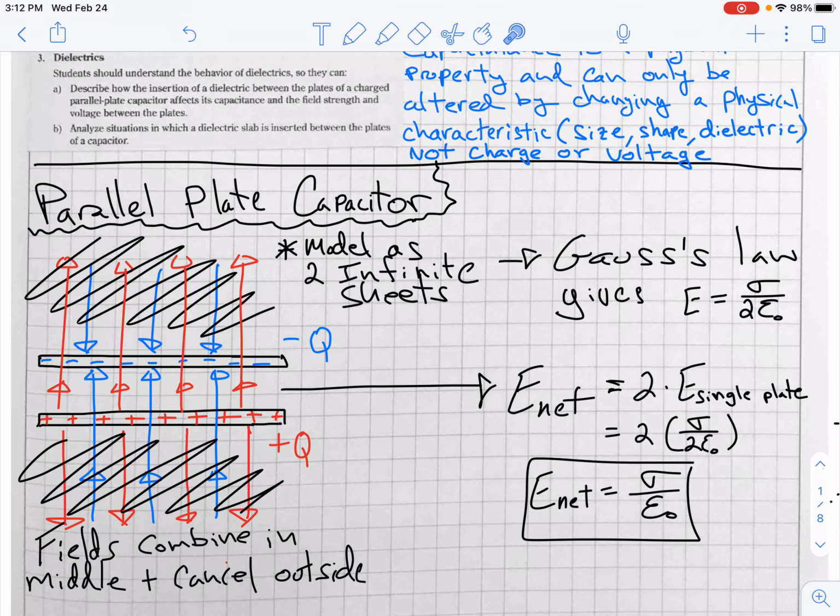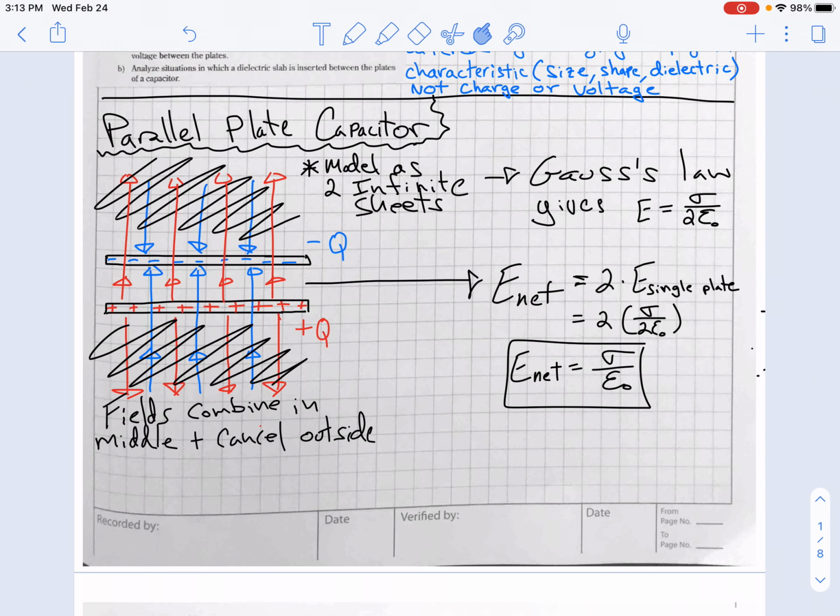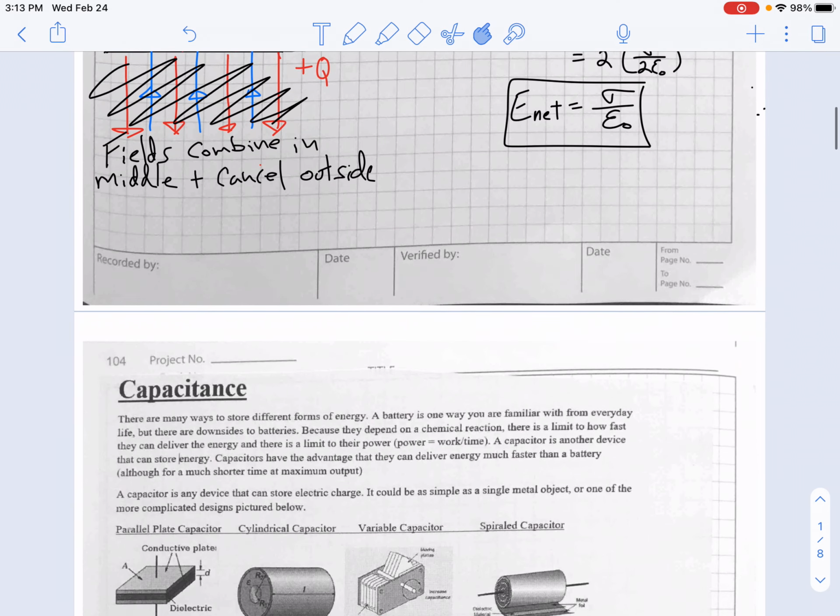And sigma, if you were dealing with plates of a certain area, and we can model plates of a certain area as infinite sheets as long as the 2 plates are close together, sigma would be the charge per unit area, Q over A. So that's the first page. I think most of you have that, but for those that weren't in class, there it is.